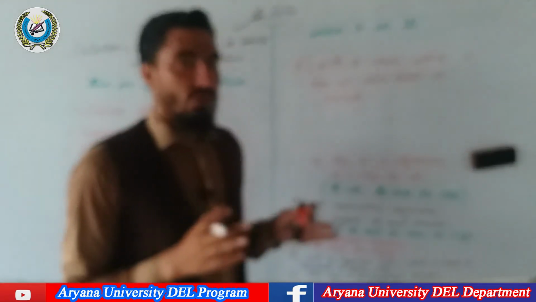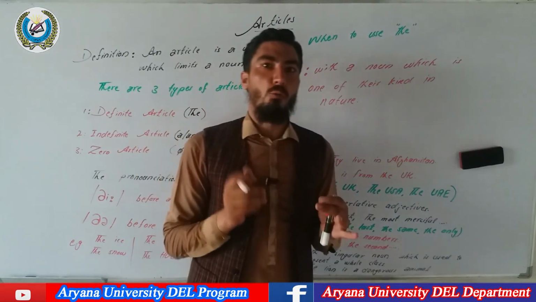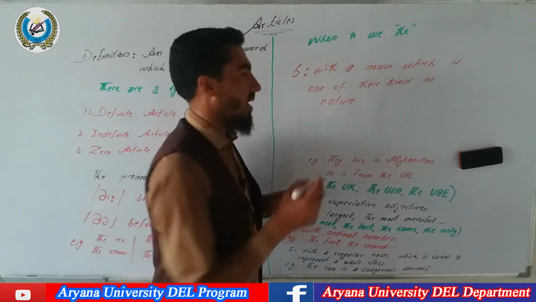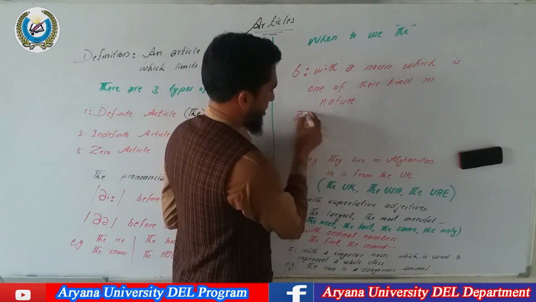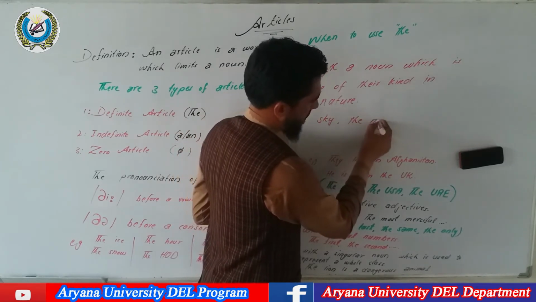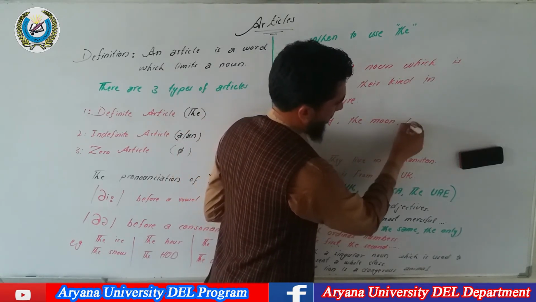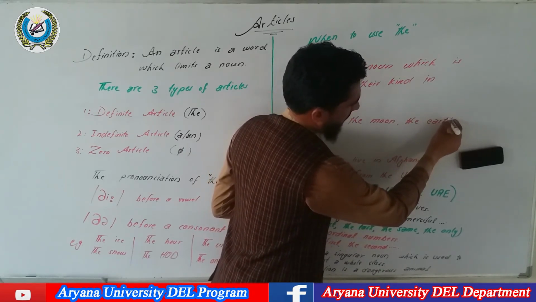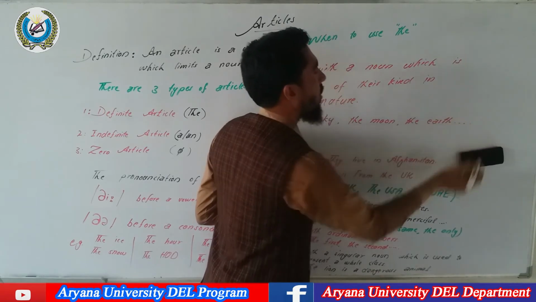Some of the things are only one, so we should always use the definite article the with them, like the sky, the moon, the earth, the nature, and so on.